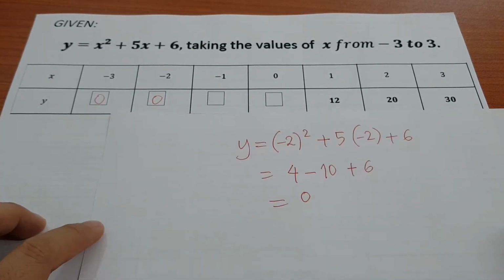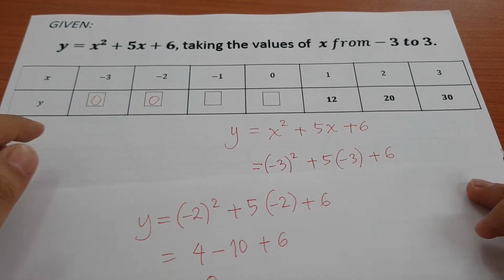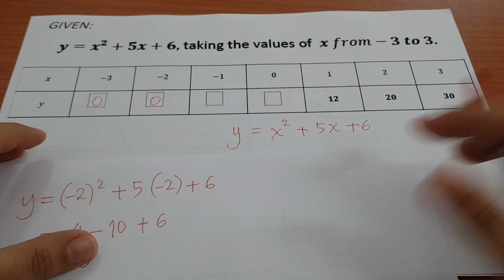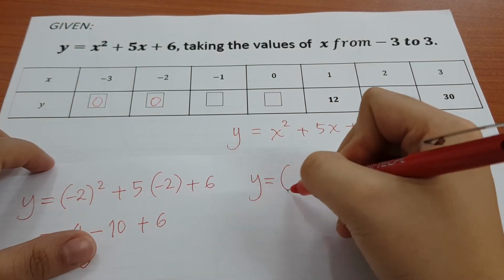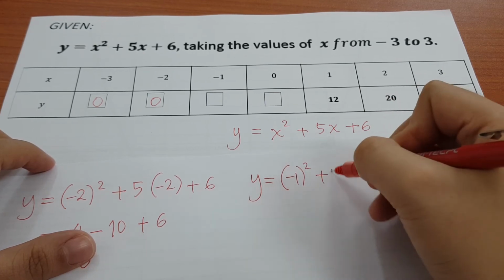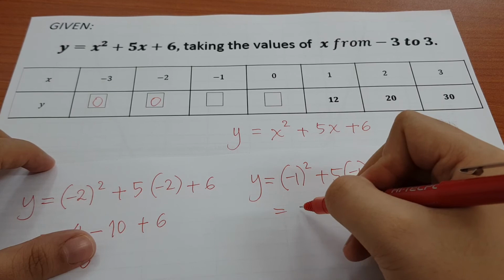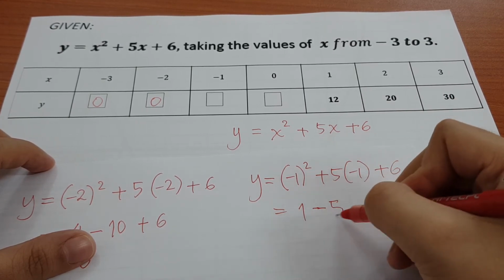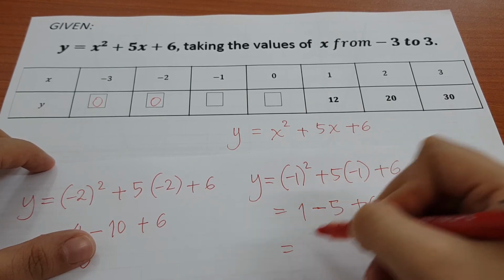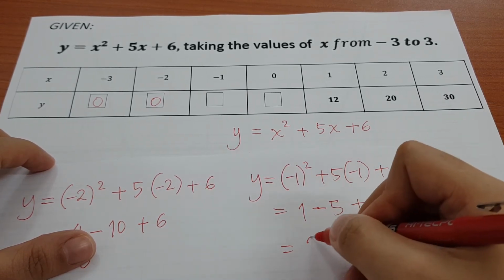Now next. If your x is minus 1, so minus 1 squared, 5 times minus 1, plus 6. So this will be 1. 5 times minus 1 is minus 5, plus 6. So 1 plus 6 is 7, minus 5 is 2.